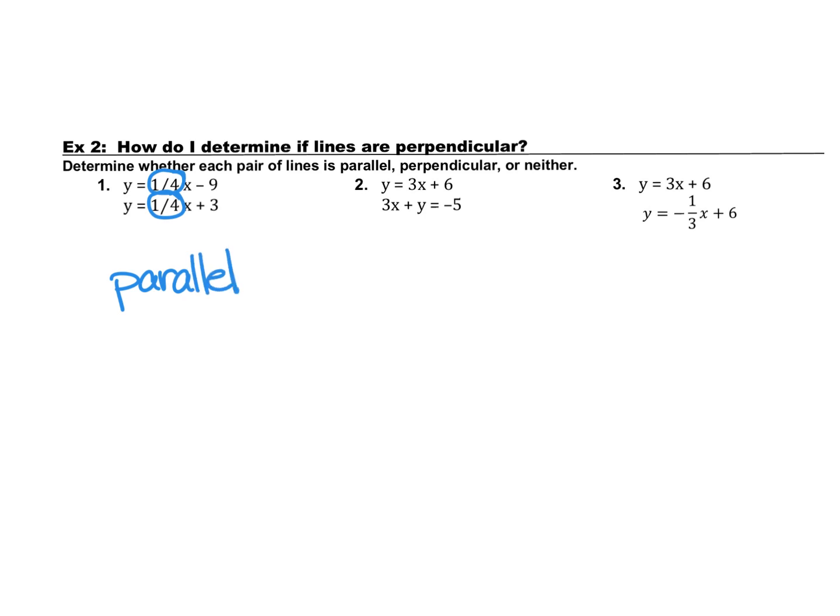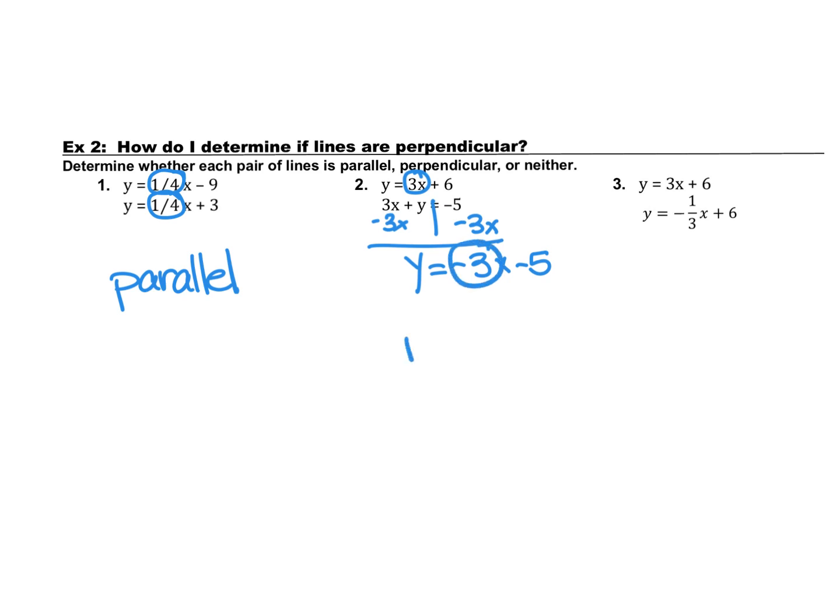For our second one, the slope for this first equation is 3. For the second equation, I need to rearrange it by solving for y. So I'm going to subtract the 3x, and I have y is equal to negative 3x minus 5. All right, so because perpendicular is the opposite reciprocal, this is just the opposite.